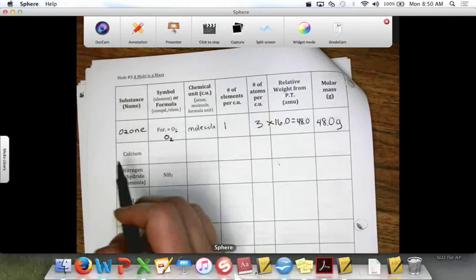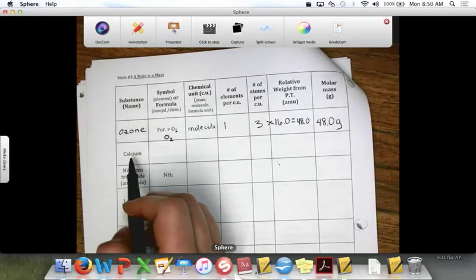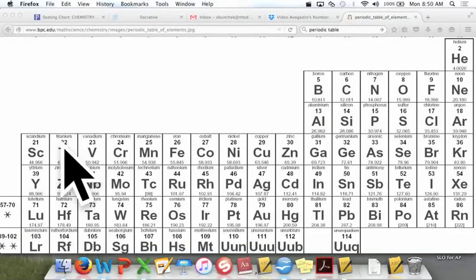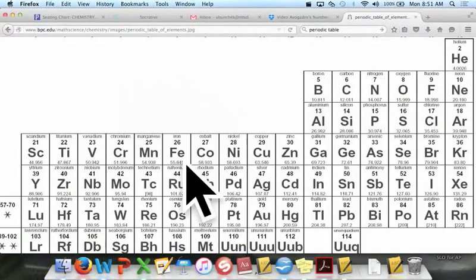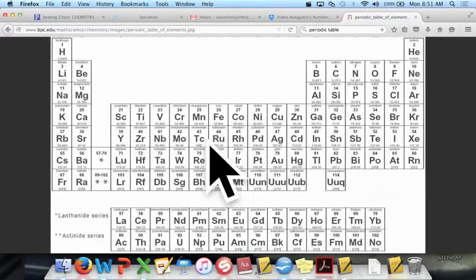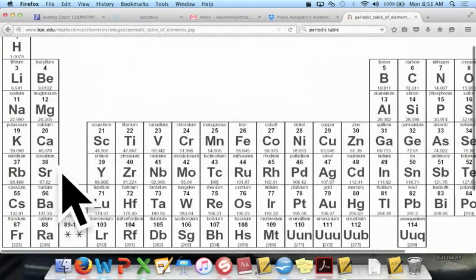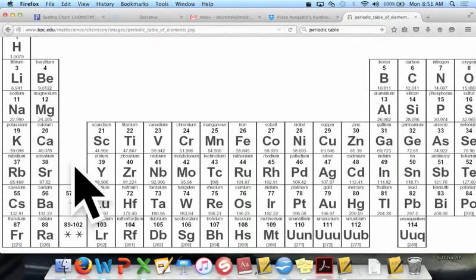Now we'll do calcium. So here is calcium. If I look at my periodic table, calcium over here is 40.078. So it has the chemical symbol of Ca.